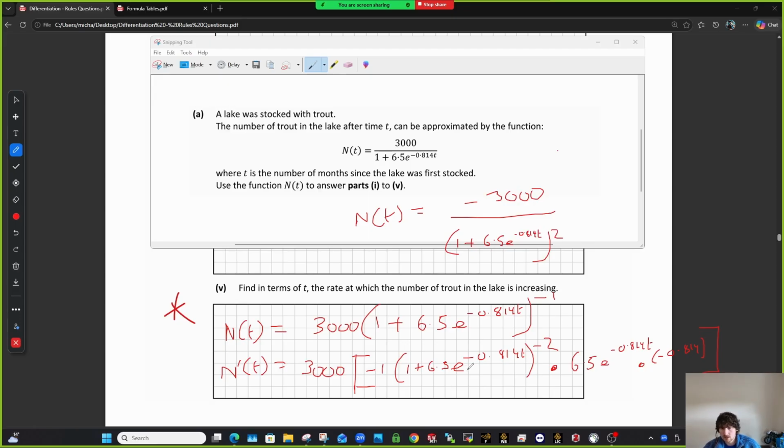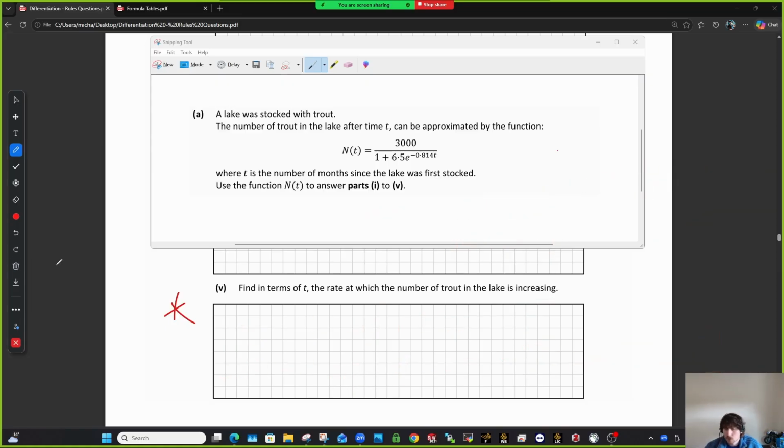And then it's multiplied by these things, 6.5 e to the minus 0.814 t on top, and then also multiplied by 0.814. And then it turned into a plus, so you write it as a plus, and then you do 3000 by 6.5 by that number in your calculator. That's pretty tidy. Okay, cool.